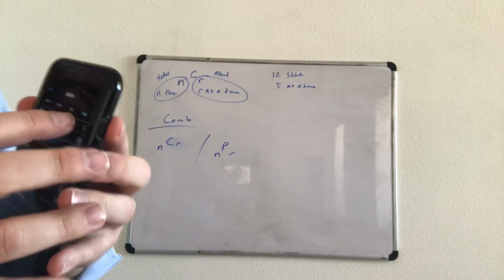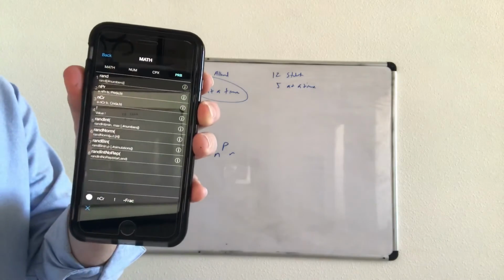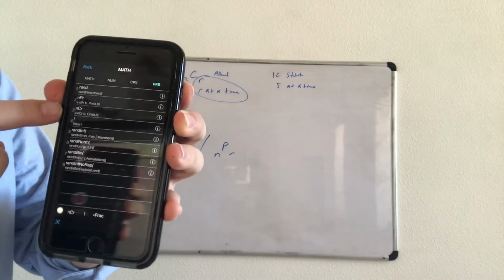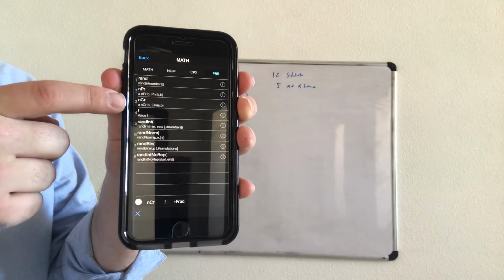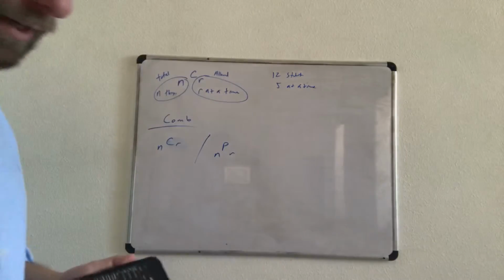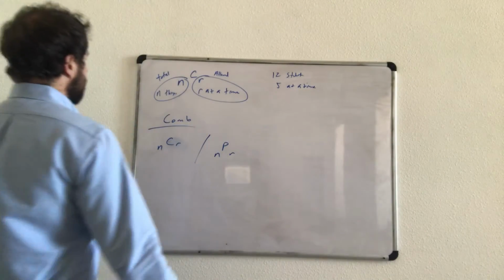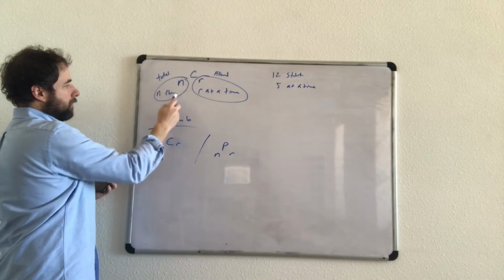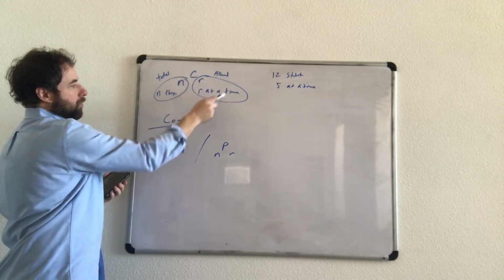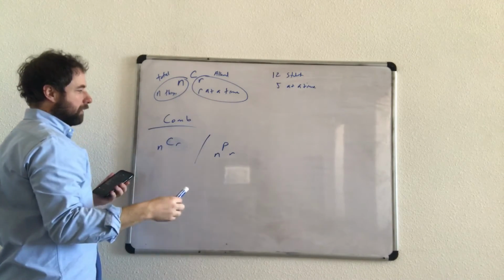You're going to go all the way over to the PRB, and you see number 3. You see nCr. And the way that is defined is the n is the total number of things, and the r is the number allowed. It's r at a time.